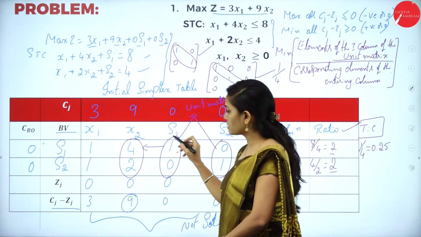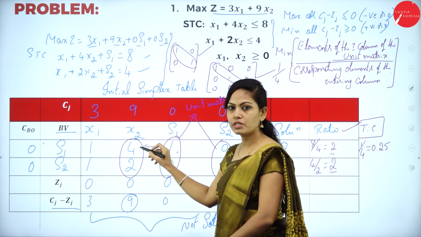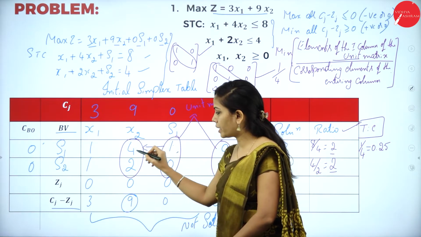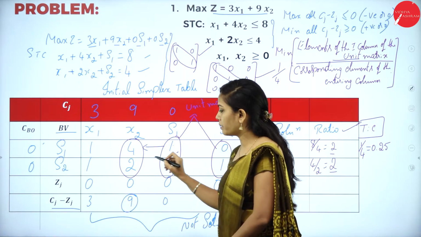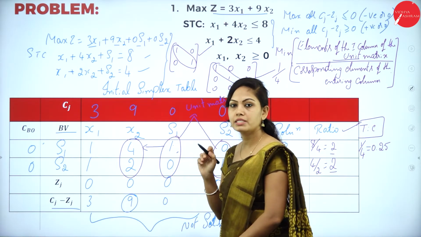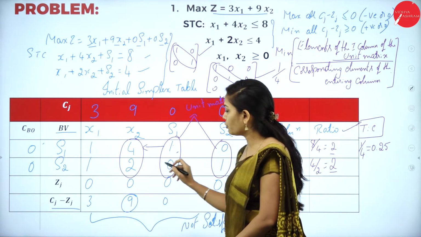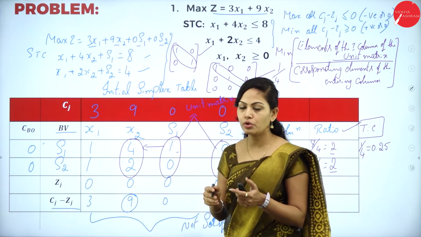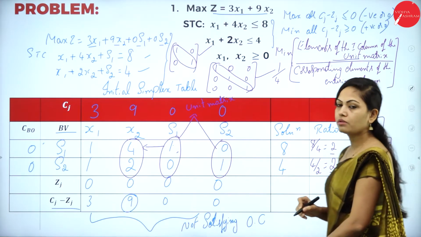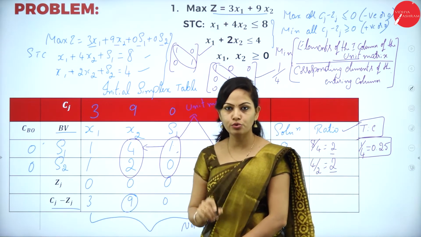I will select these elements of the first column of the leaving variable, that is 1 divided by 4 and 0 divided by 2. 1 divided by 4 means you will get 0.25 and 0 divided by 2 means you will get 0, no need to write. I have written only 1 by 4, it is 0.25.